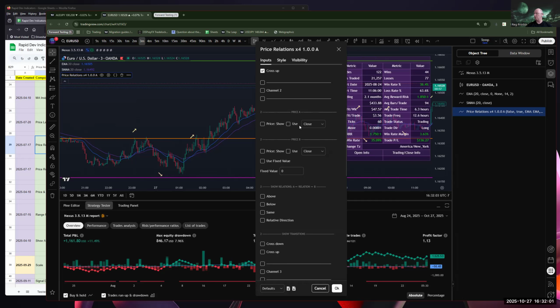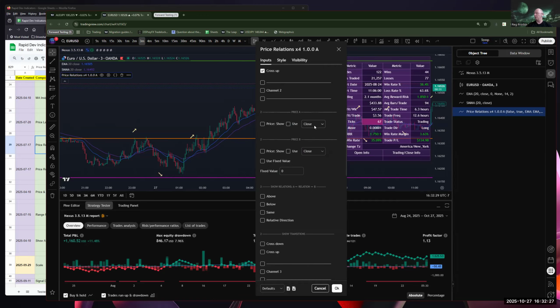You're comparing close, or maybe high and low. Do you want it above or below? Well, we're going long, so for a long, I would say the price has to be above the EMA, the shorter EMA, or it's above the cross, if that makes any sense.